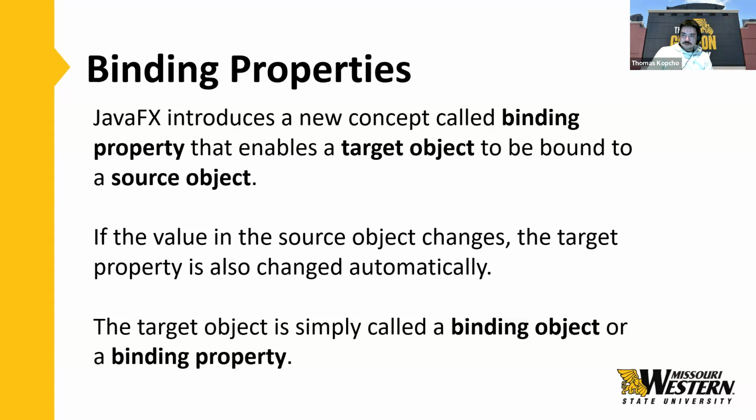And the target object is the property that's bound to the source, automatically reflecting changes in the source. You can have unidirectional binding, where changes in the source update the target, but not vice versa. And you have bidirectional, where changes in either property automatically update the other, right?